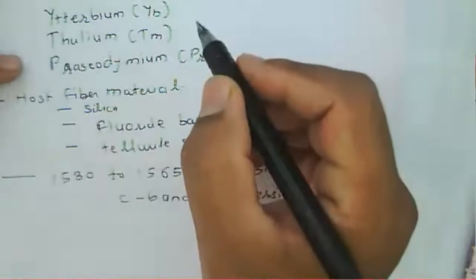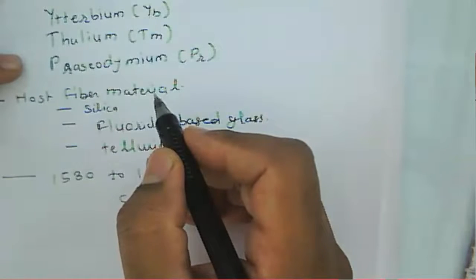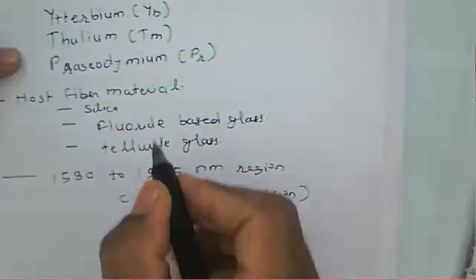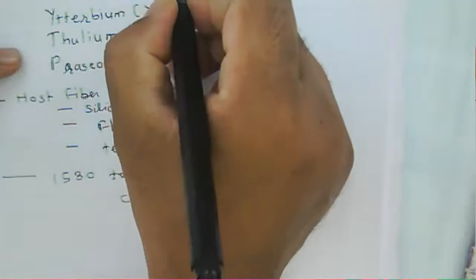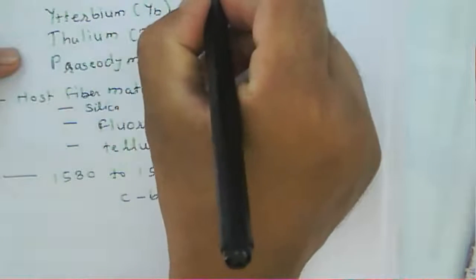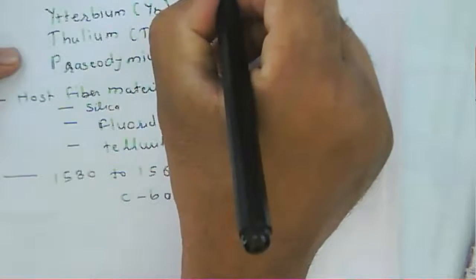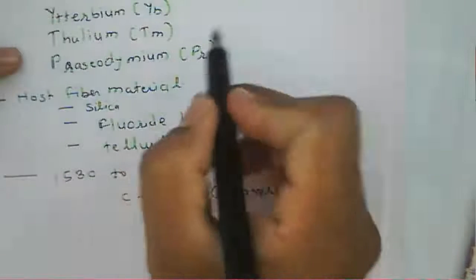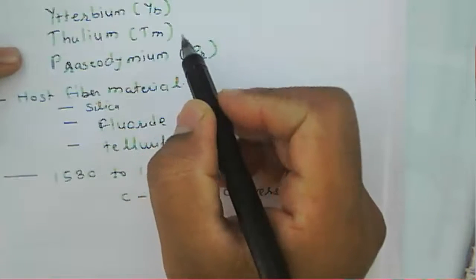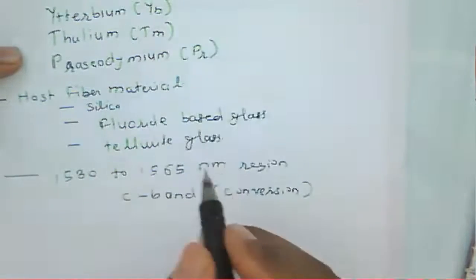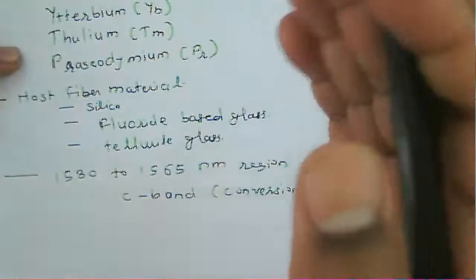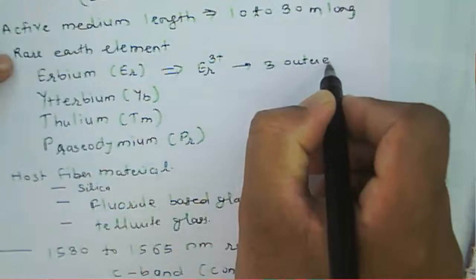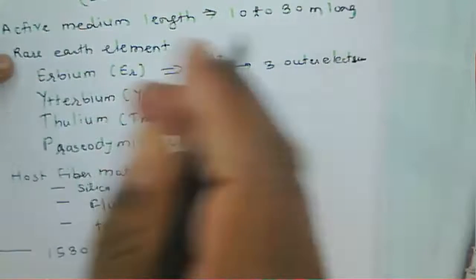So we should know the energy level structure of erbium. Generally the erbium atoms in the silica are Er3+ ions, which are nothing but erbium atoms that have three outer electrons.